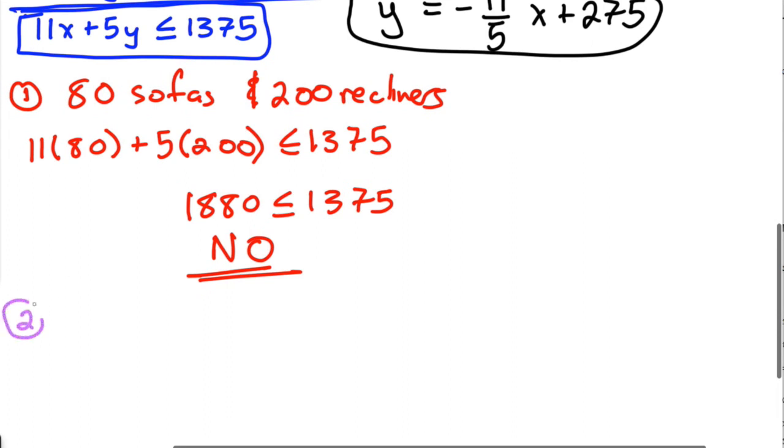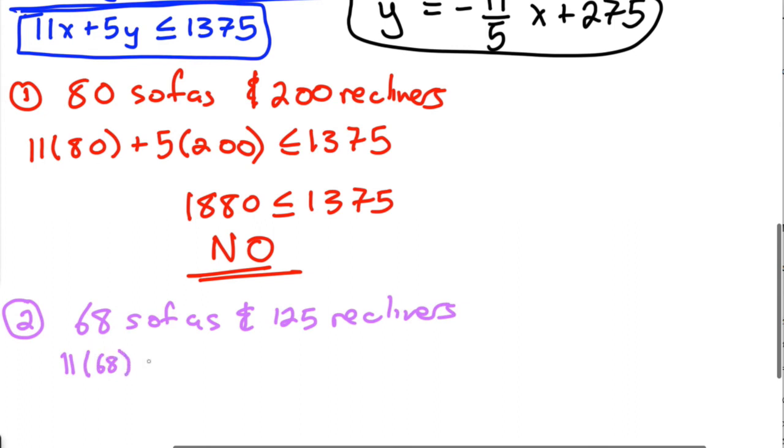Okay, so let's do a second example. Can I ship, so we decrease the number of sofas, how about 68 sofas and 125 recliners? So we do the same thing. We have 11 times 68 plus 5 times 125.